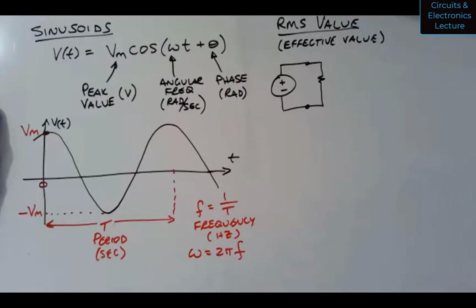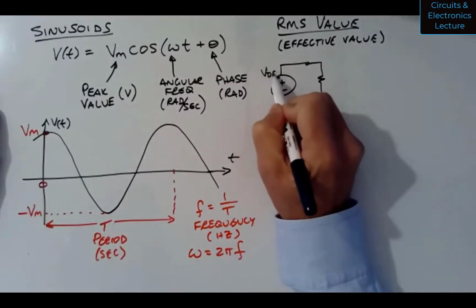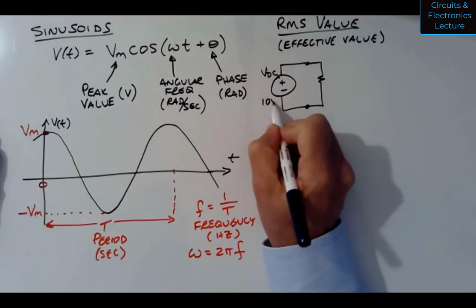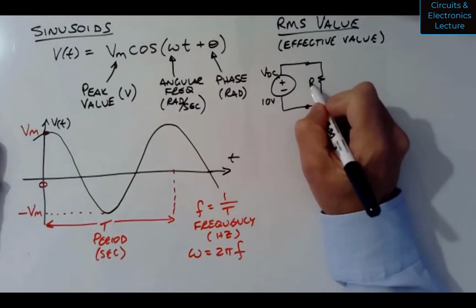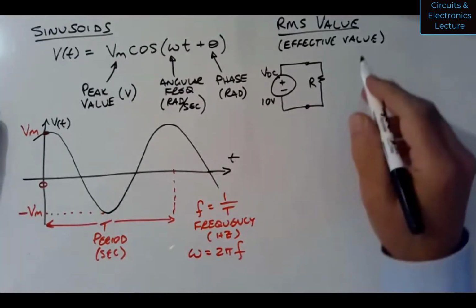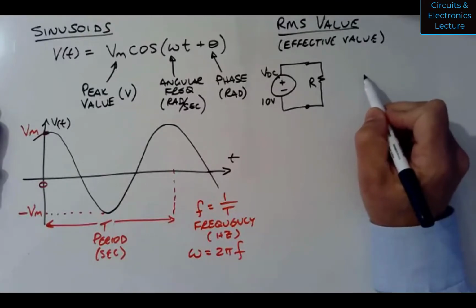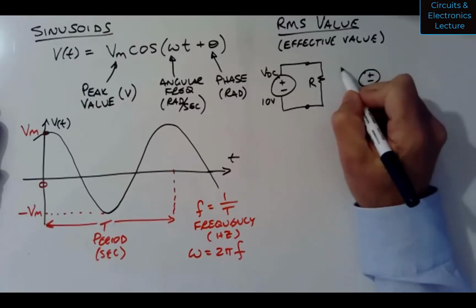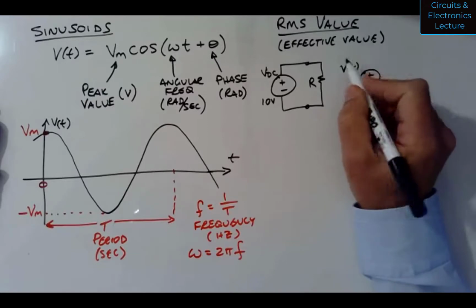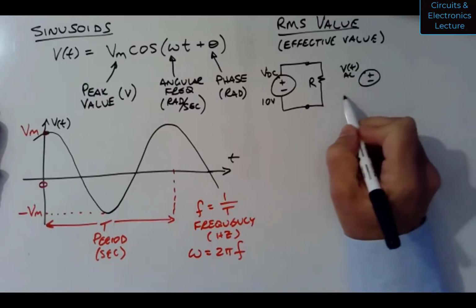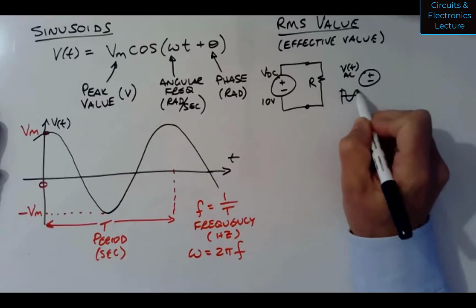So let's take a source, call it VDC. It's a constant value. Let me make up a number: let's say it's 10 volts. It's a 10 volt DC source, and I have a resistor of some value, R, with a constant value. Then I take an AC source, labeled V of t, maybe V sub AC of t, and it looks like a sine wave versus time.